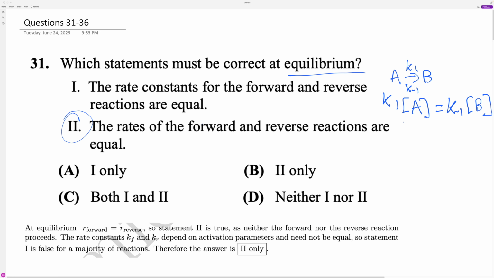And now it's not necessarily true that K1 equals K-1 because for the vast majority of reactions, [A] is not going to be equal to [B]. At equilibrium, it's not necessary that the concentrations of the reactants and the concentrations of the products have to be the same. So if [A] is not equal to [B], then K1 is not going to be equal to K-1. So I is not going to be true, and our answer is going to be B.